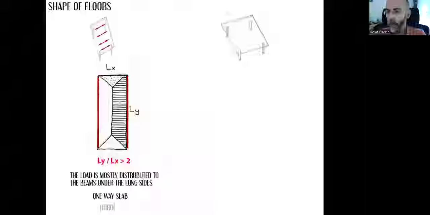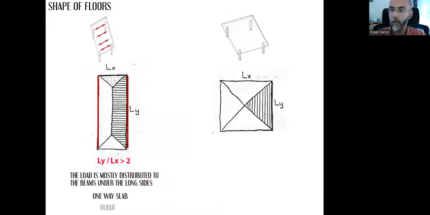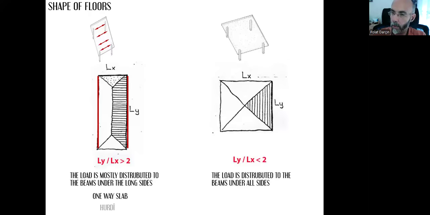Or we can have this square shape where the sides are almost equal to each other or equal to each other. And when we apply the loads, we see that they are distributed evenly on all four sides towards these two different directions. That's why we call it a two-way slab.